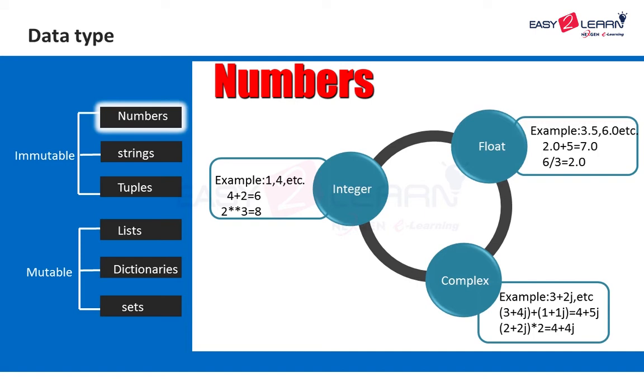Here in Python, you will be replacing i with a j value. That is the only difference, but the overall use and the operations that you will be performing on these remain the same. So are you clear with these 3 numeric data types? Yes. Okay, let us move forward and look at the next data type, that is string.